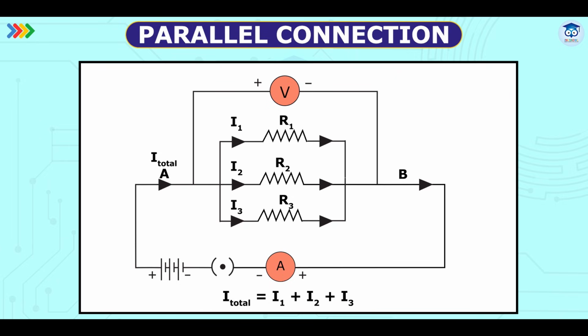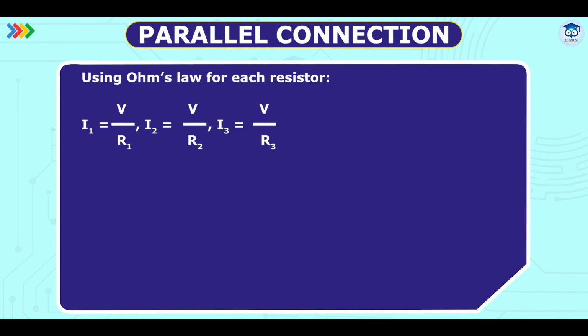To find the current through each resistor, we use Ohm's law. For the first resistor, the current I1 is equal to V upon R1. Similarly, I2 equals V upon R2 and I3 equals V upon R3.